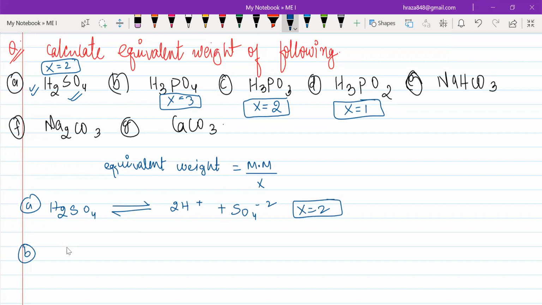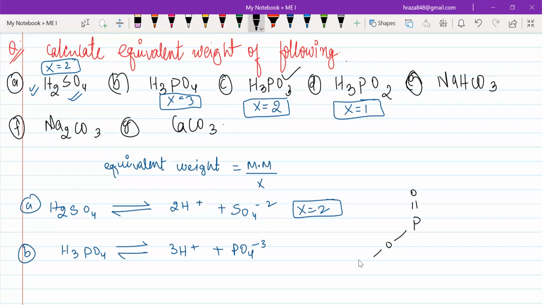And if you are going for H3PO4, it will give you 3H plus and PO4 minus 3. Why does it give you 3H plus and this gives you 2H plus? We can explain with the help of the structure.